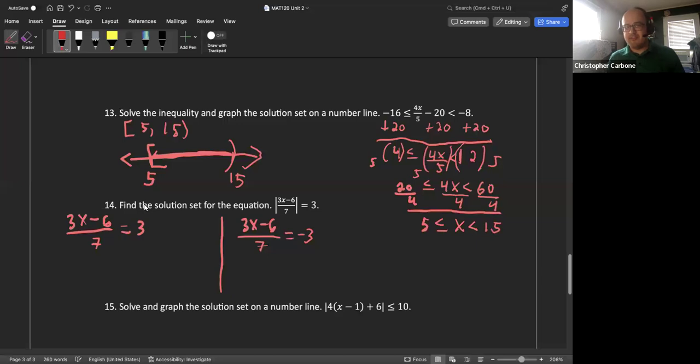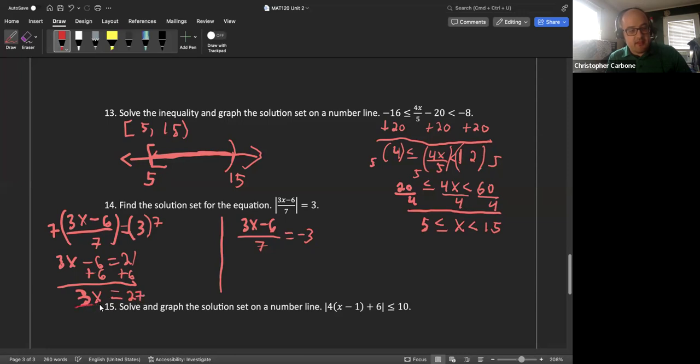So let's start with the left side. I'm going to multiply both sides by 7. This would be 3x minus 6 is equal to 21. We can add 6 to both sides, and this would be 3x is equal to 27.